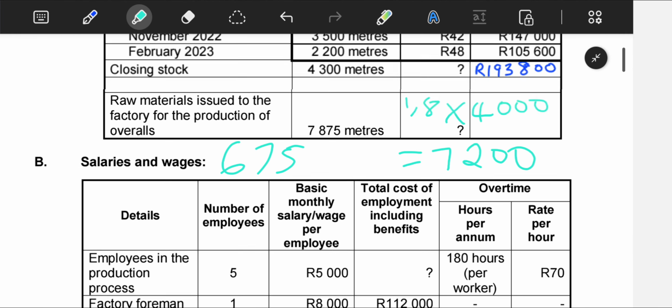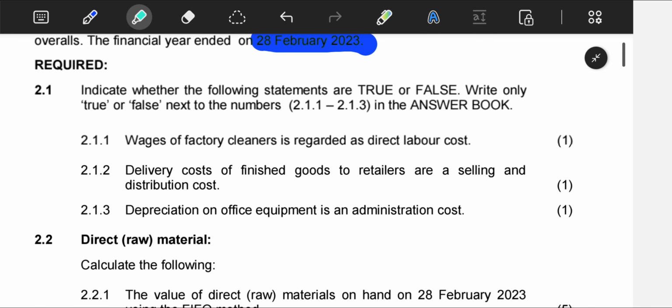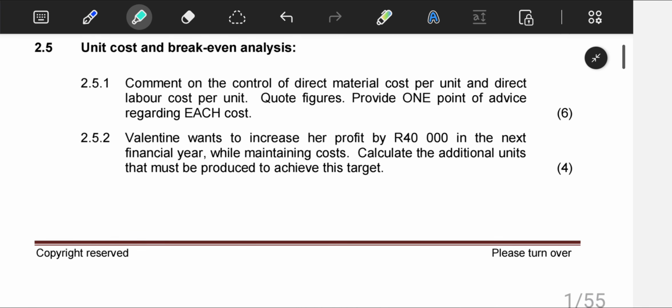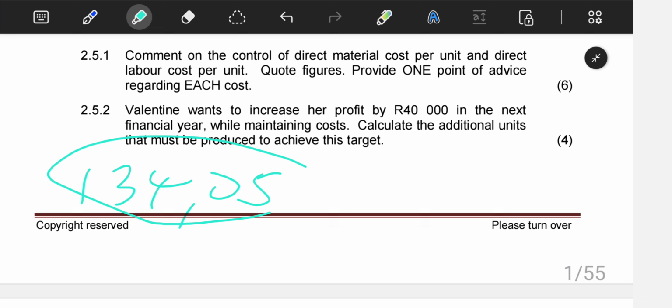Right. Now, what do you do with that 135? How many 135 do you need to make 40,000? That will tell you how many units you need to produce.